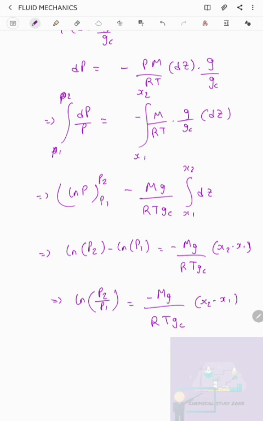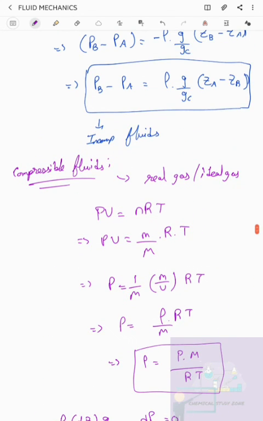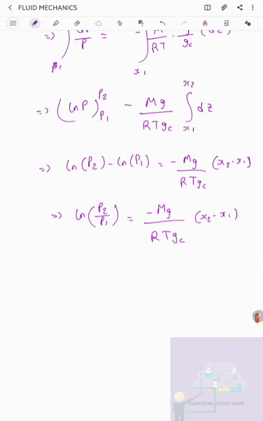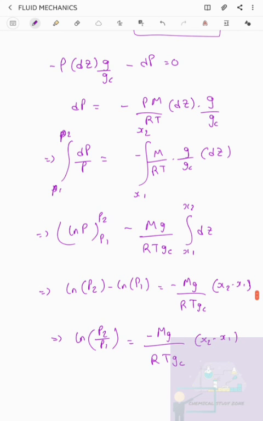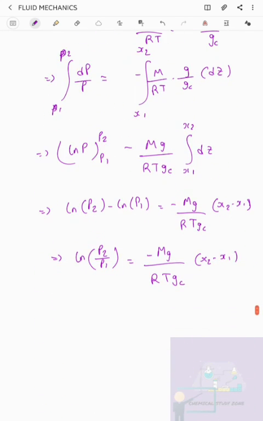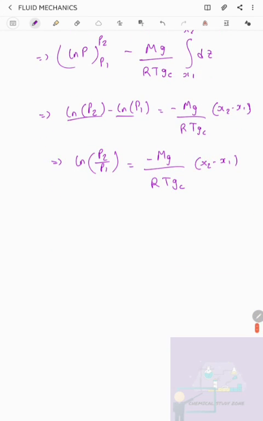That means for incompressible fluid we are getting a direct numerical difference of the pressure quantities, but as we go into the compressible fluids, we are getting the pressure difference in this logarithmic function. That is the only difference between the compressible and incompressible fluids.